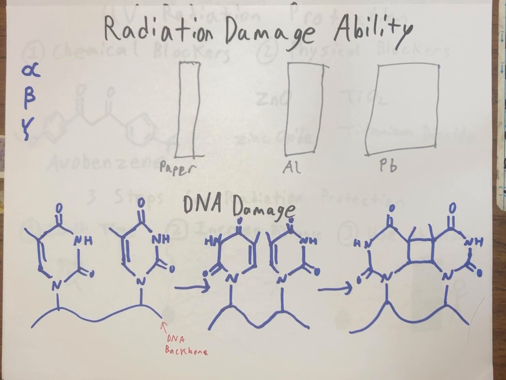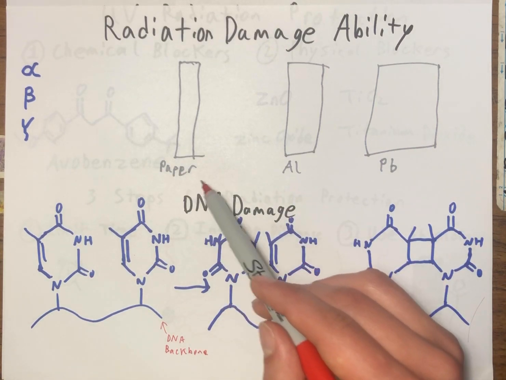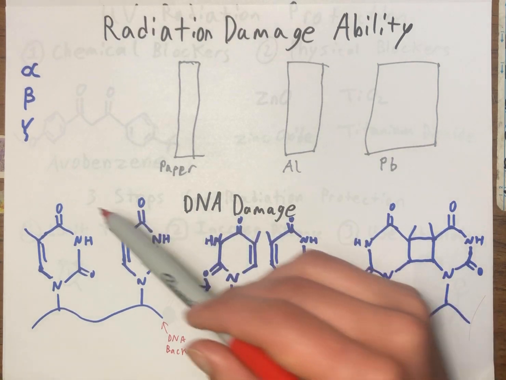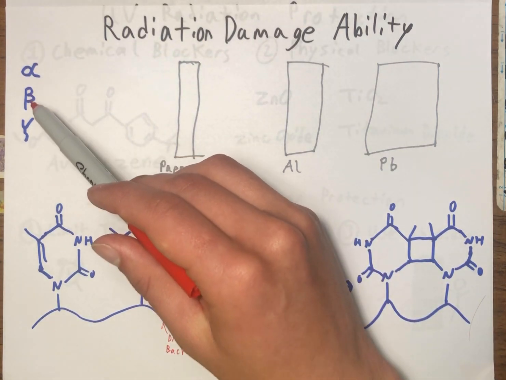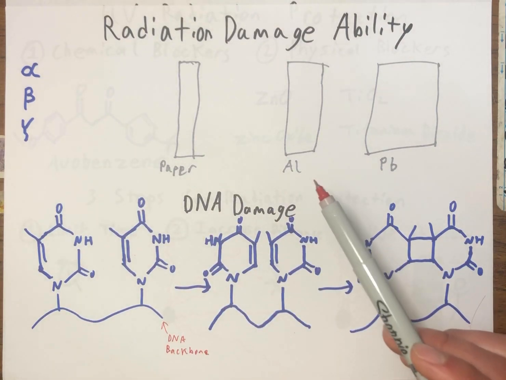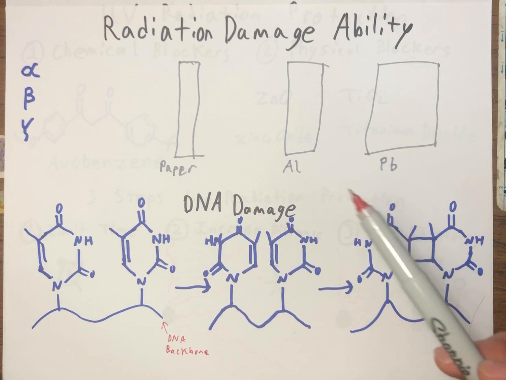So we're going to look at the penetrating ability of these different radioactive sources. If we were to place paper, aluminum, and lead in front of radioactive sources of alpha, beta particles, and gamma radiation, we can clearly see a difference of the penetrating ability.